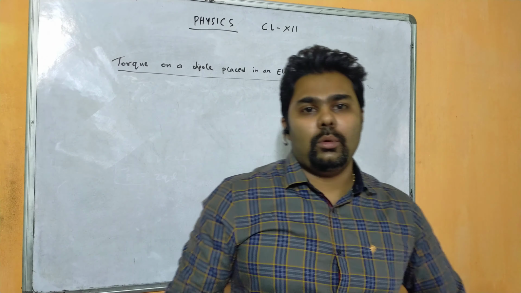As two forces are acting on the two terminals, this dipole will experience a force and it will try to rotate. I consider this angle to be theta, the angle subtended between the dipole and the electric field.